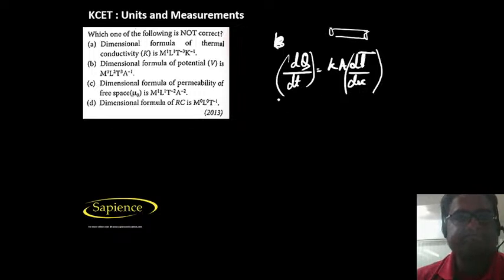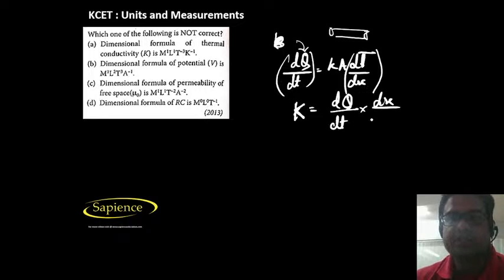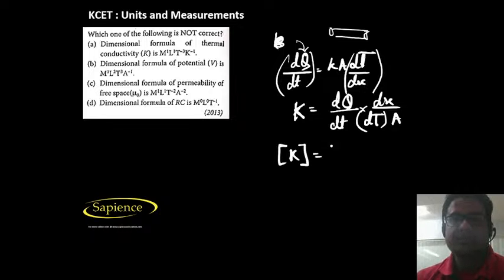Okay, so here the dimensional formula of conductivity K will be, heat being a form of energy obviously, dQ by dt into dx by dT into A. So the dimensional formula of thermal conductivity will be dQ, which is energy, per unit time.